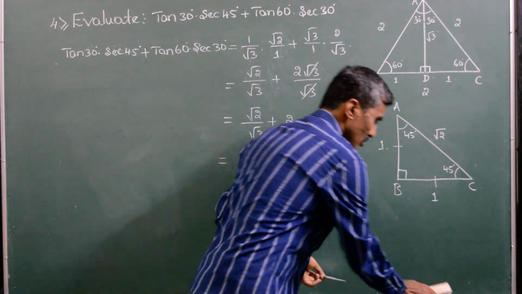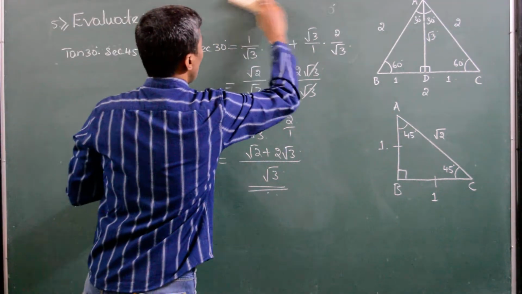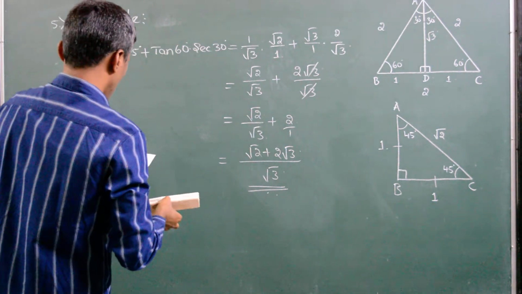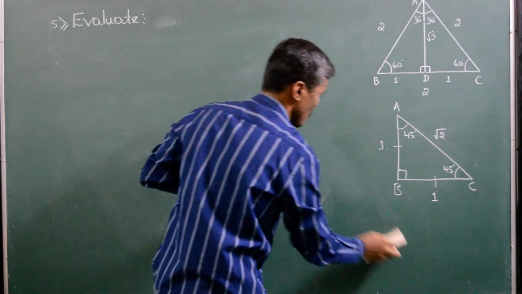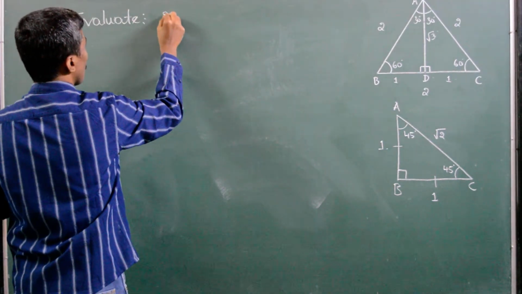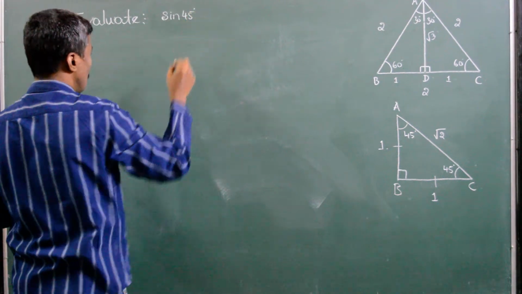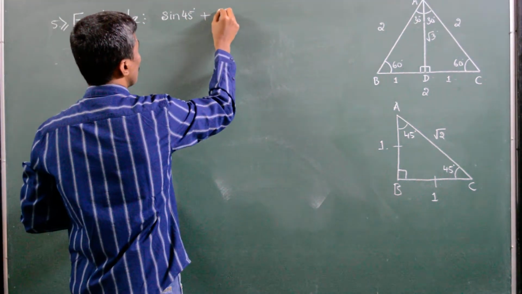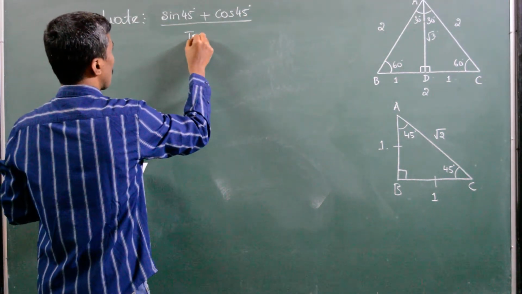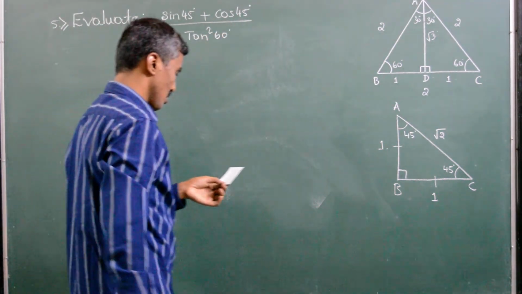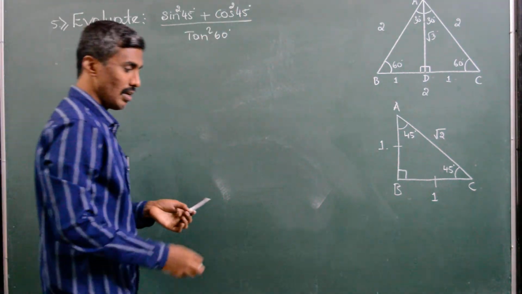Now we will move on to the fifth problem. Evaluate sin square 45 degree plus cos square 45 degree, whole divided by tan square 60 degree.